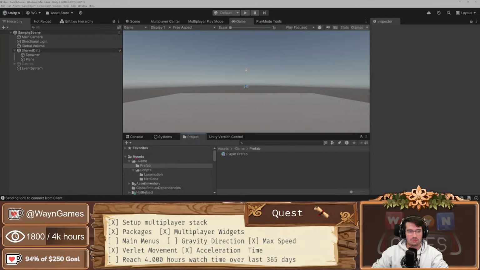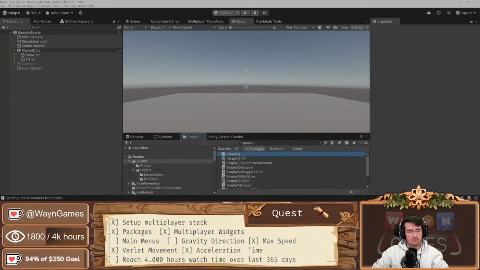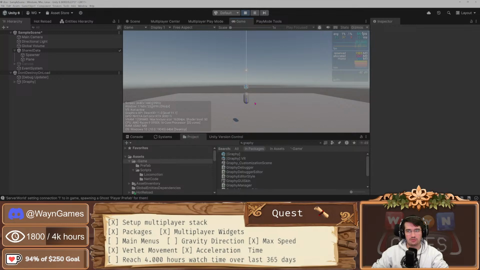Let's add Graphy, just to check. Okay. Still above 60 FPS. We just have one character, so that's not very impressive.